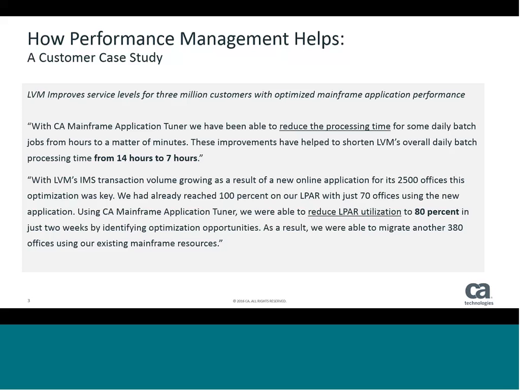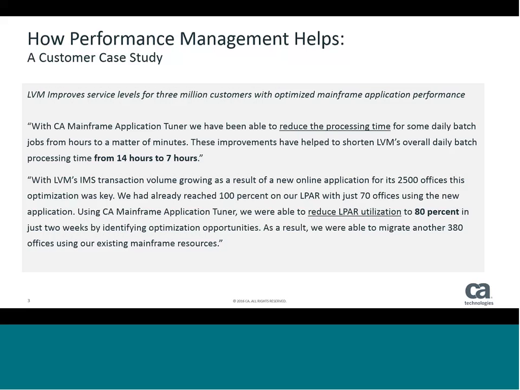In addition to that, they had just rolled out a new application initiative, and they were having terrible optimization and access issues. They were maxing out their CPUs at 100%, and once again, they were able to use MAT as part of that tuning effort. They were able to quickly identify some tuning opportunities from an online perspective to reduce their resource consumption and improve their processing by almost 20%.